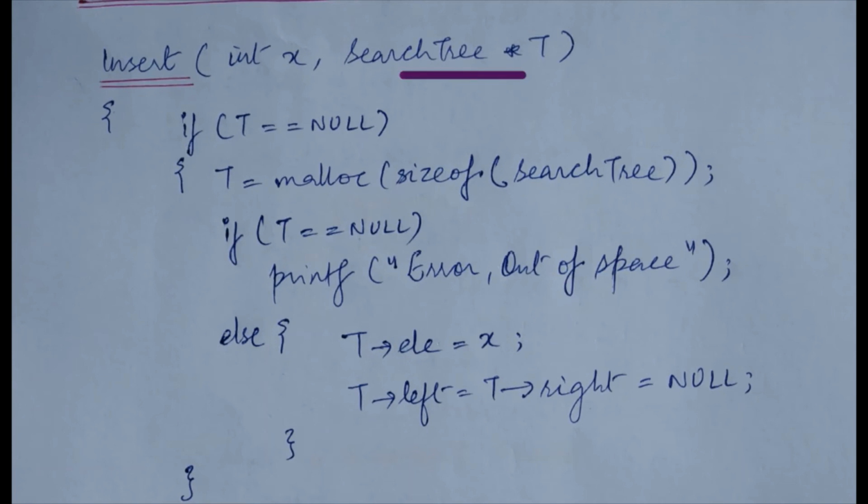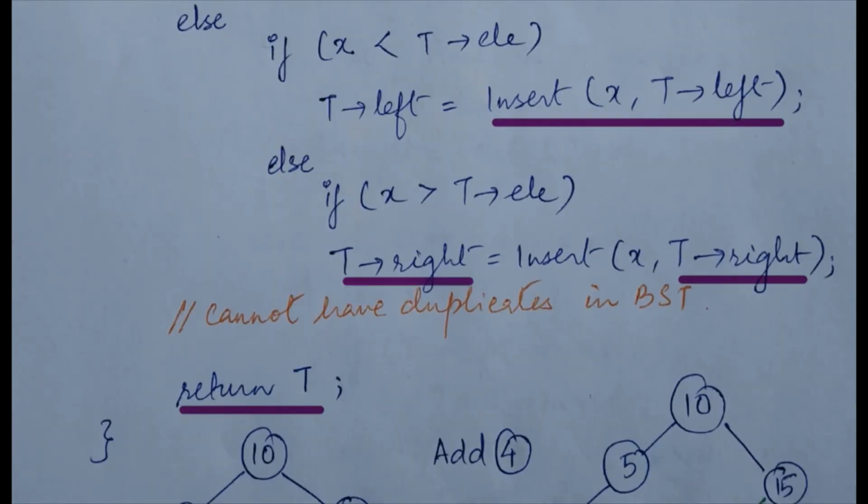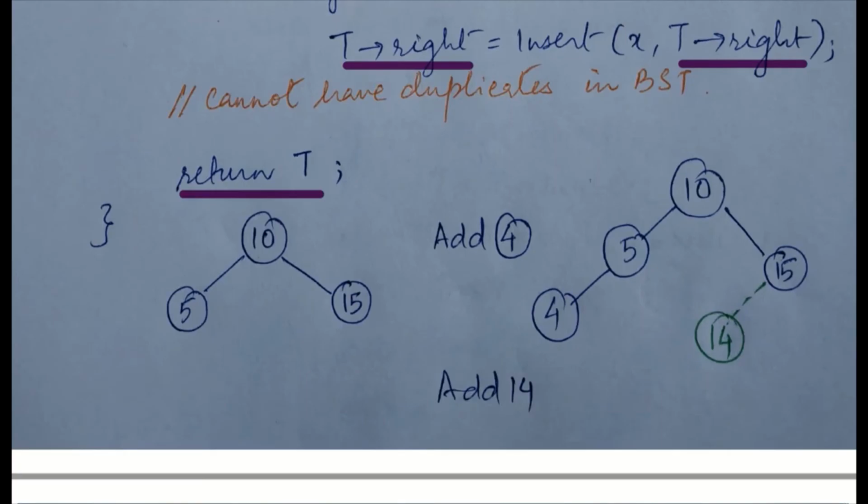So a node will be created here, and that value will be returned and put in t's right. So it will go to the exact location where this element has to be added based on its value. It will put it at the right place by checking if t's right is null, that is where it has to be added. Otherwise, it will keep on finding the correct location using recursion. So you cannot have duplicates.